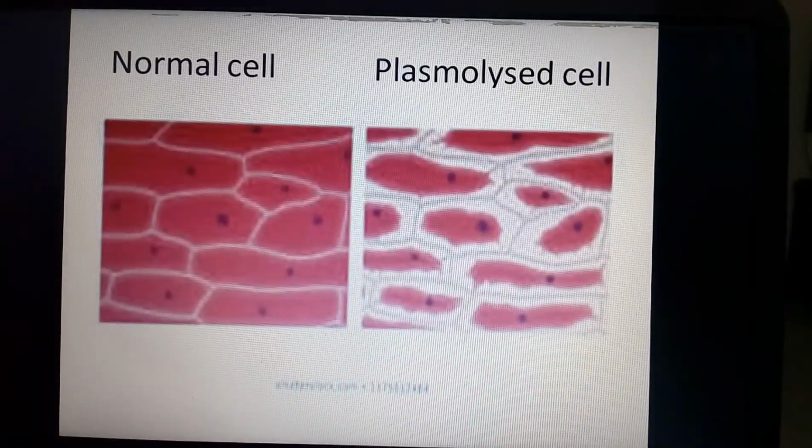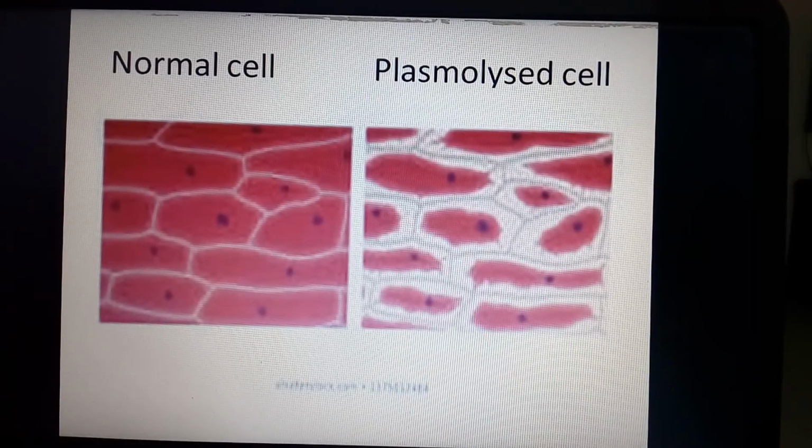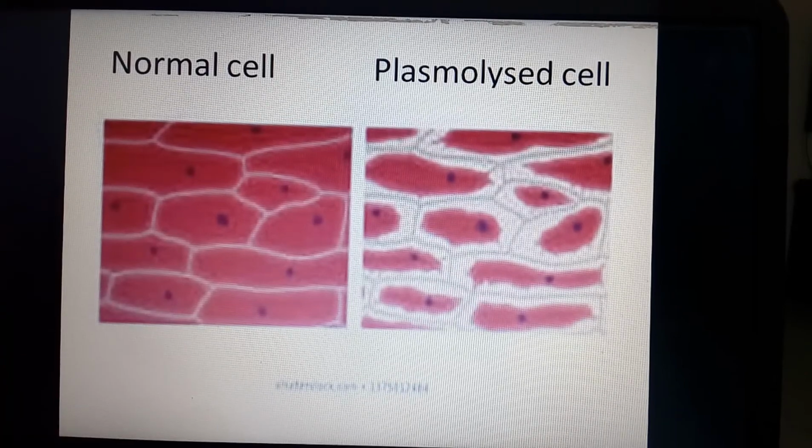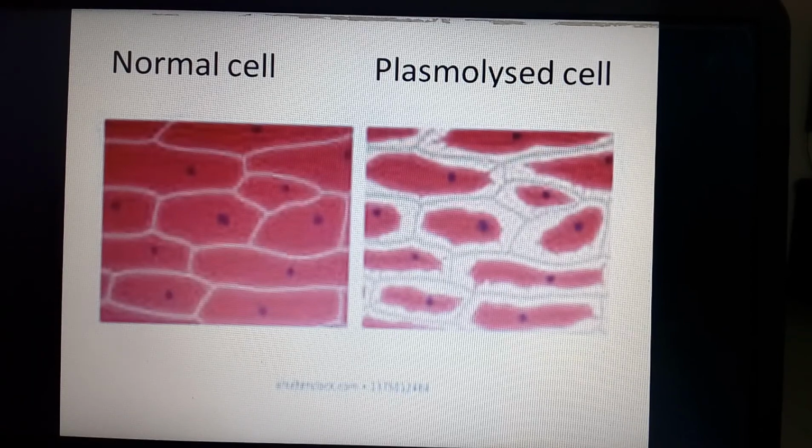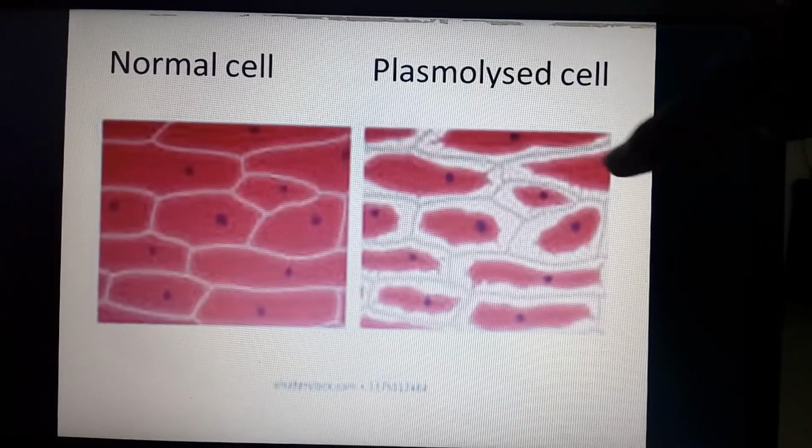Then here the diagram is shown to you about the plasmolyzed cell. First one is a normal cell. When this normal cell is kept in a hypotonic solution, it gets plasmolyzed by the process of exosmosis. The plasma membrane gets separated from the cell wall.